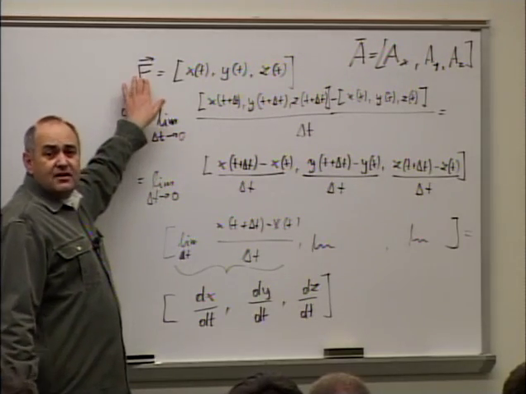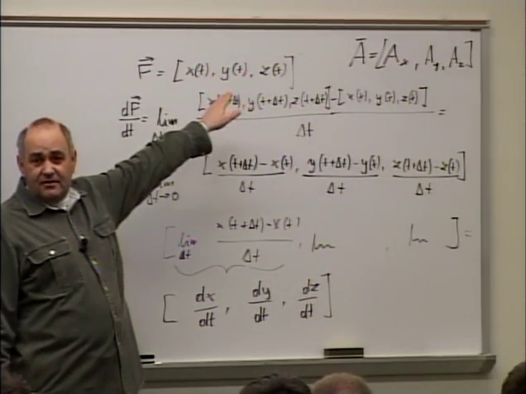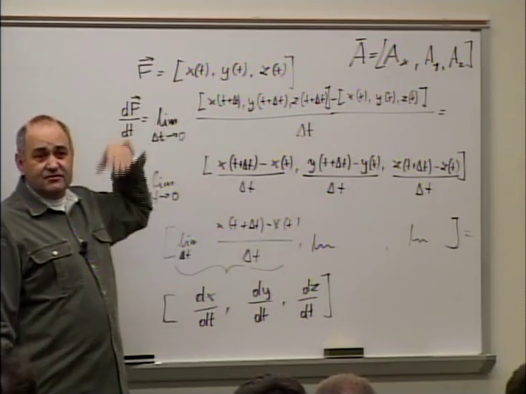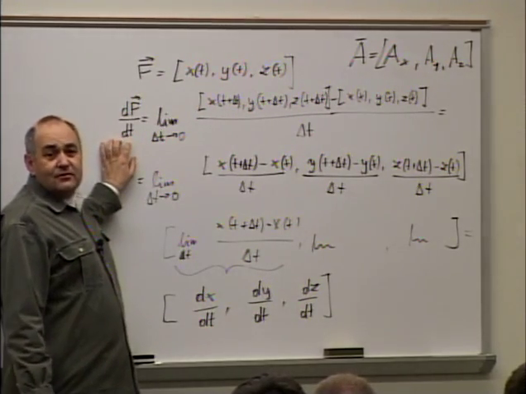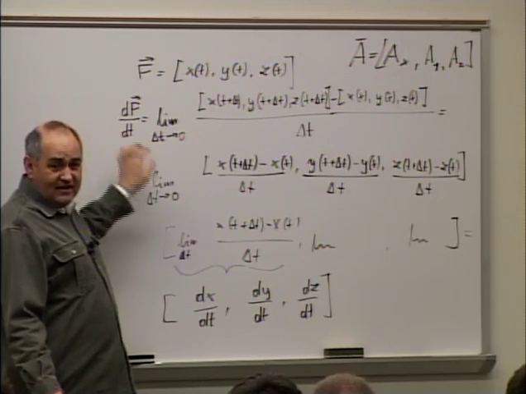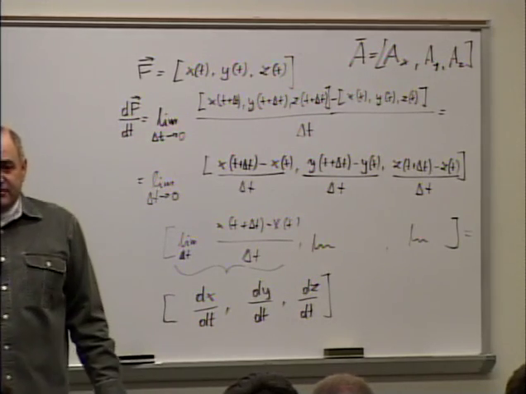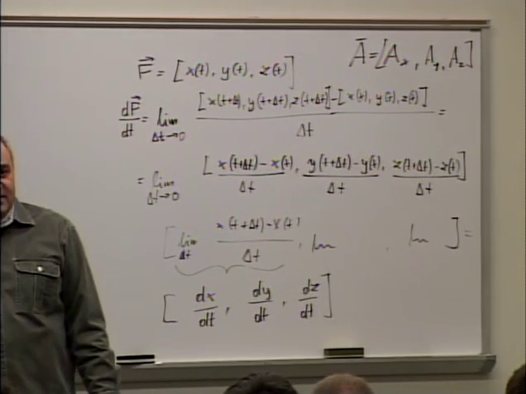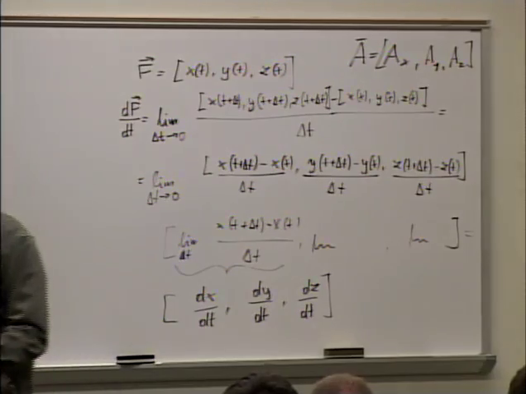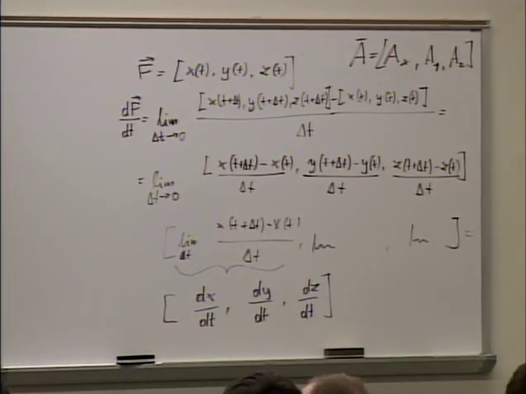When we have a vector-valued function of time, and we calculate the rate of change of this vector-valued function, we find out that scalar components of the derivative are equal to derivatives of scalar components of this vector. I think that phrase was really confusing, so make sure that your neighbor understands it. Consult with your neighbor. What did I just say? Let me repeat it. Components of the derivative of a vector are equal to derivatives of components of the original vector.